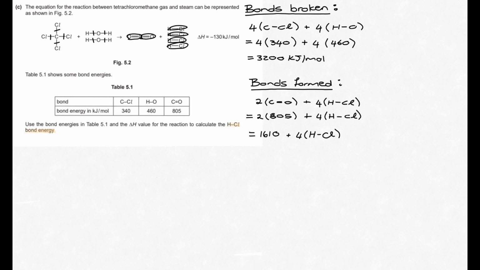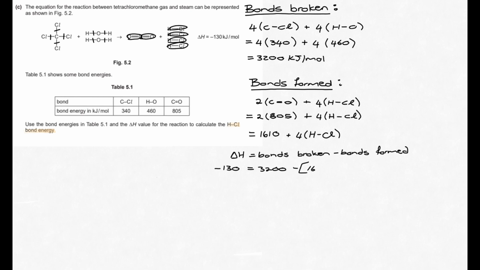I'm then going to move on to the next part of the question where I work out my enthalpy change, which would be equal to the energy needed to break my bonds minus the energy released from forming my bonds. Now my change in enthalpy is equal to negative 130 kilojoules per mole. This will be equal to my bonds broken, which is 3,200 kilojoules per mole, minus my bonds formed.